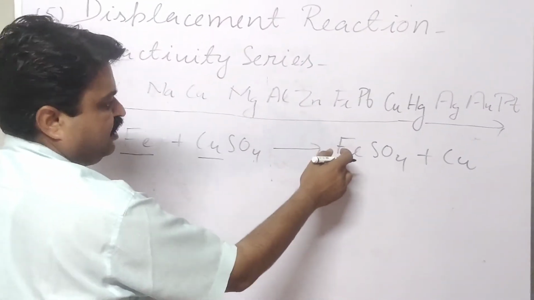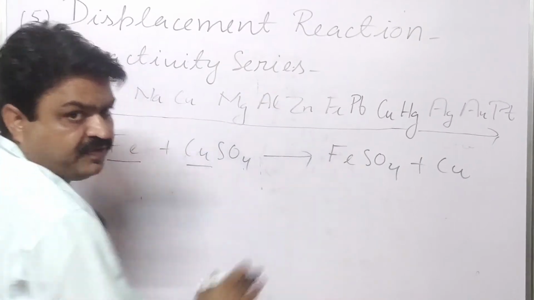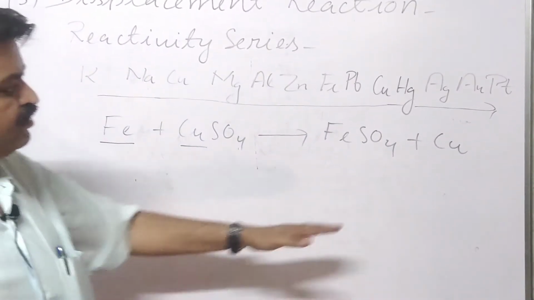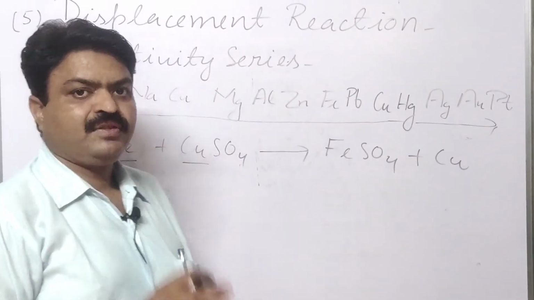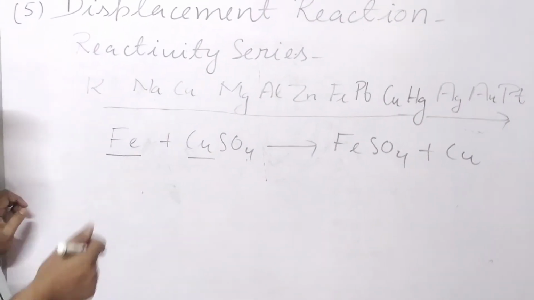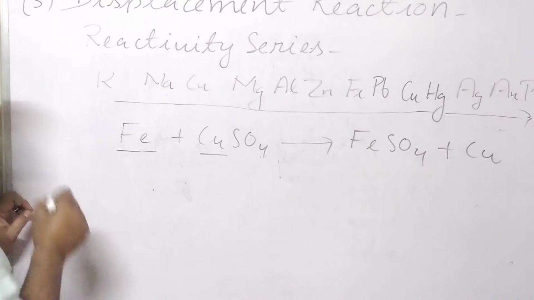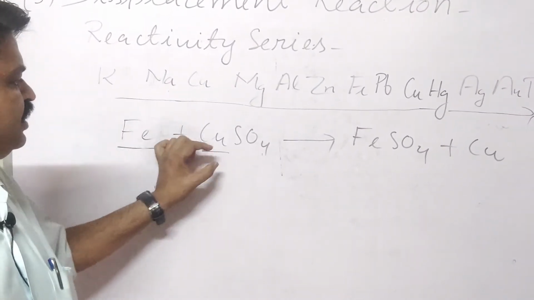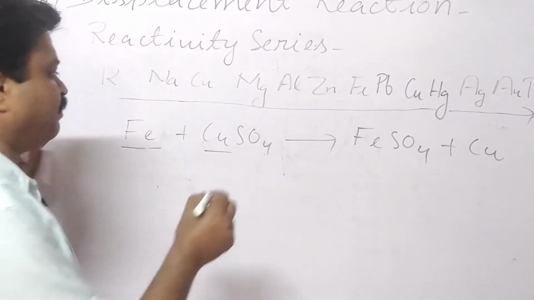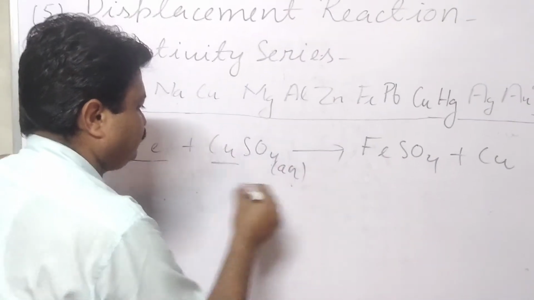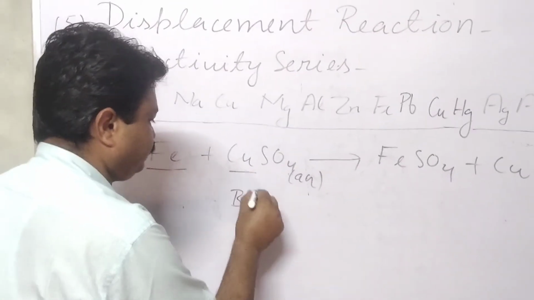And what is it forming? It is forming iron sulfate, and copper is displaced. Now, how do we know this chemical reaction? If we put an iron nail in the copper sulfate solution, the copper sulfate solution has a blue color.